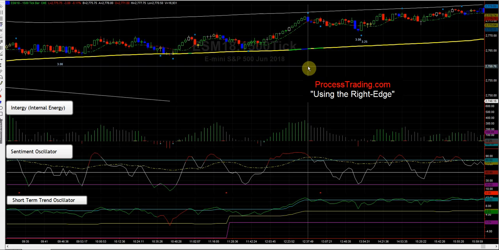So the high of that is 76.25. So that's 6 3/4 points from where we got in right here up to here. So 6 3/4 points. If you got out here with 3 points, that'd be 9 3/4 points.